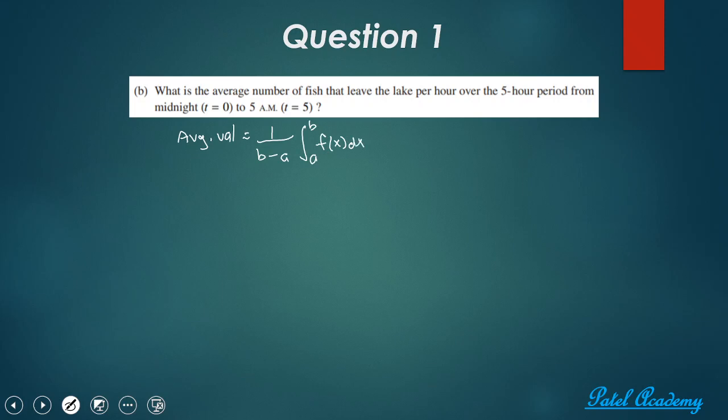And so in this case, we just do the same thing. We have 1 over 5 minus 0 times the integral from 0 to 5 of, this time, our leaving function, L of t. And so when we plug that into our calculator, 1/5 times this integral, we get 6.059.